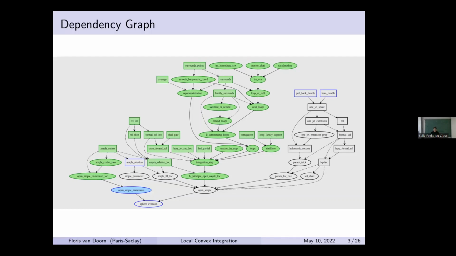I think the labels are slightly too small to read, but this is the dependency graph of our whole project. Here at the bottom is a node labeled sphere inversion, and that is our final goal. Each of these nodes is either one definition or one lemma towards this goal. All the green nodes are the things we've already done, and all the blank or blue nodes are the things we still need to do.